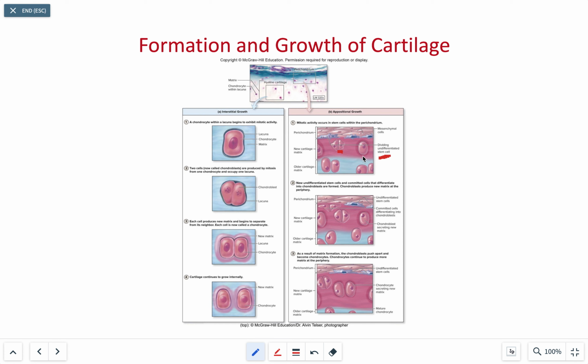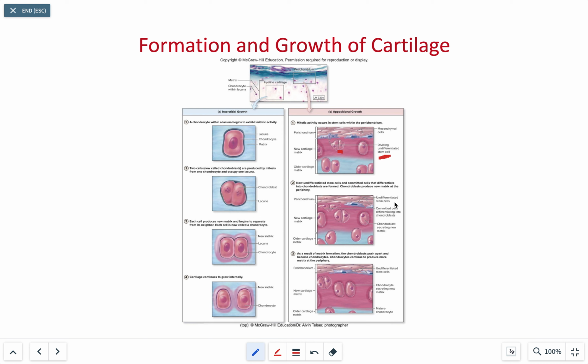Remember, an undifferentiated stem cell simply means that it won't have a function until it is located inside of the matrix. So once we see the undifferentiated stem cell divide, we go down into step number 2.